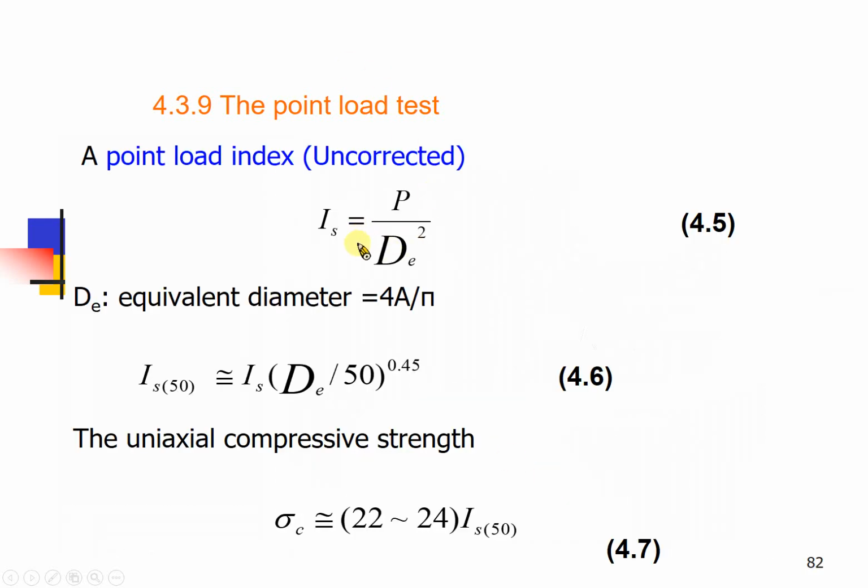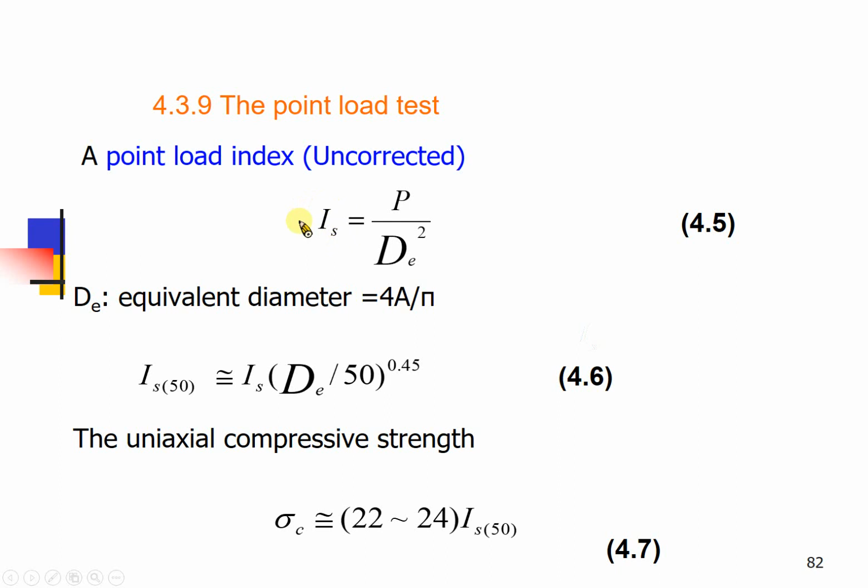So this will be the point load index, which is defined by the load that makes the rock split, broken, divided by the equivalent diameter squared. And the point load index should be transferred into a standard size equal to 50 millimeter.